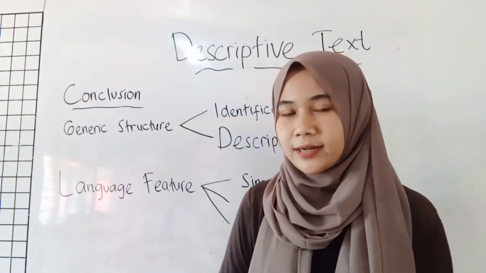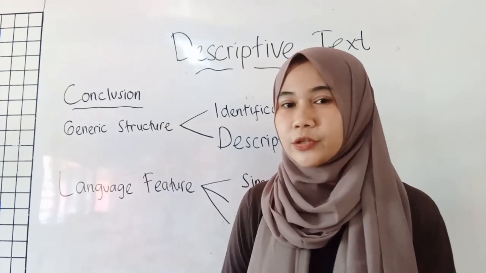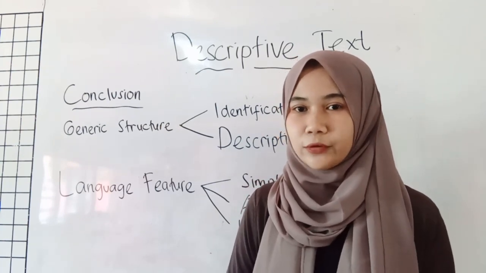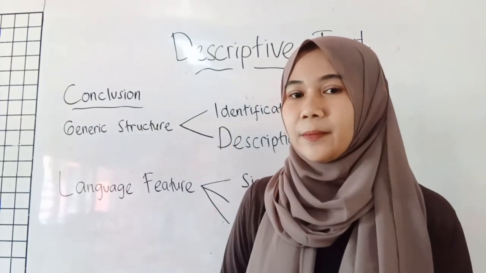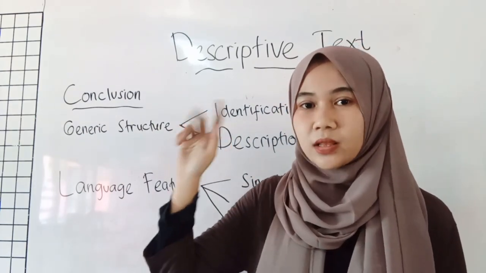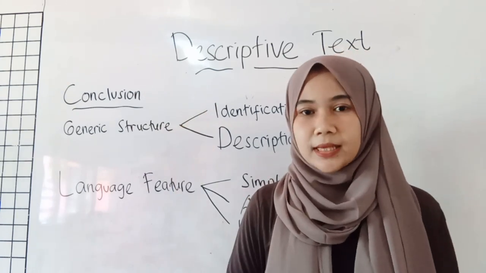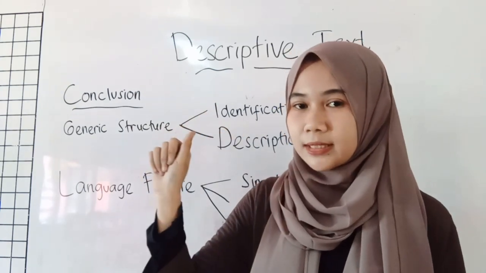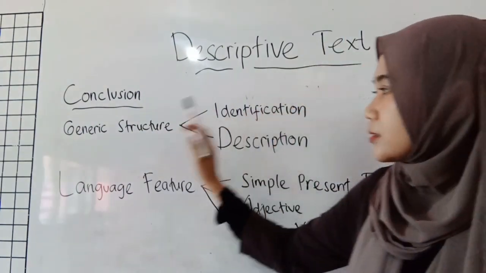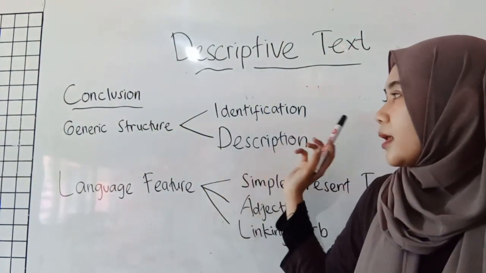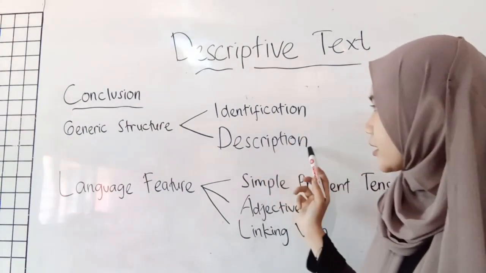Alright, thank you, students. Just to sum up and make sure you're understanding, please listen carefully. Descriptive text is a text that describes a person, place, or thing. The purpose is to describe a particular person, place, or thing. Descriptive text has two generic structures: identification and description.